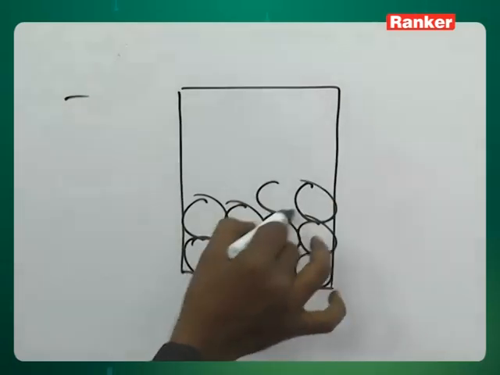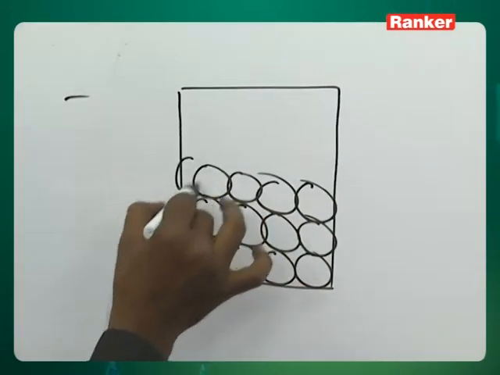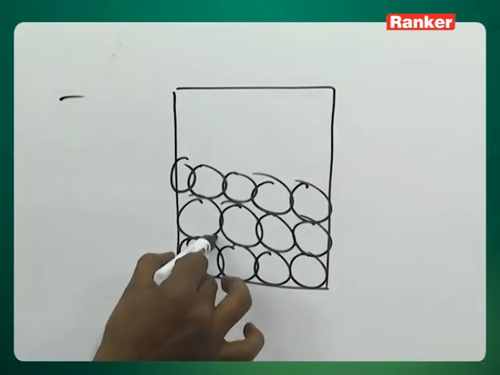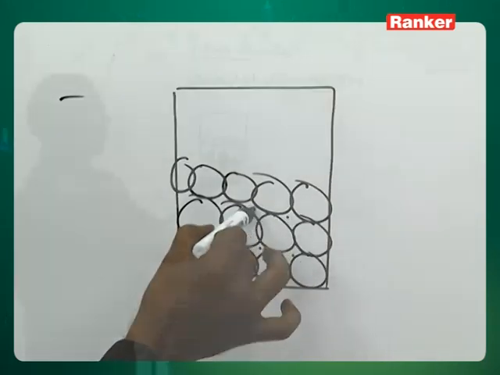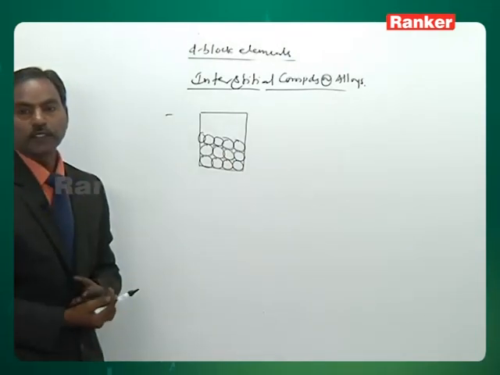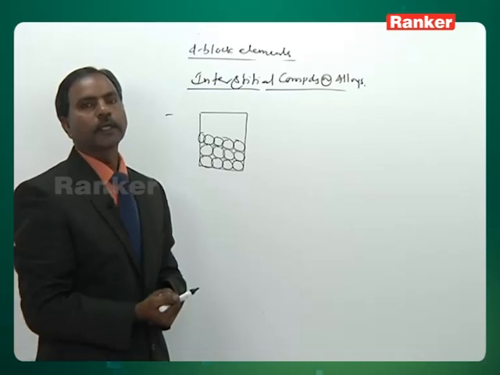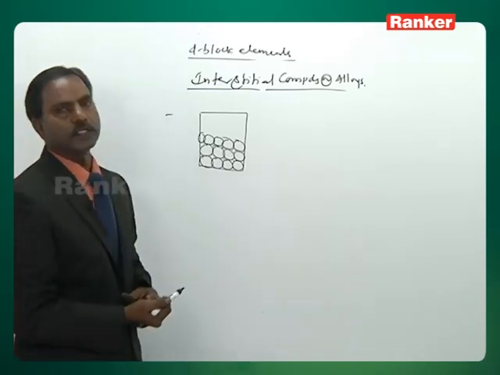You are clearly observing on the board, whatever the way they are tightly packed, there are interatomic spaces. These interatomic spaces we call interstitials.